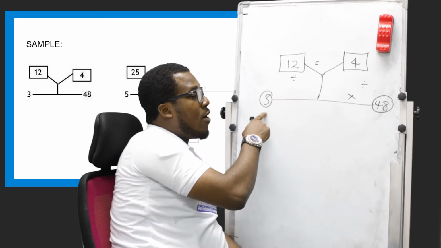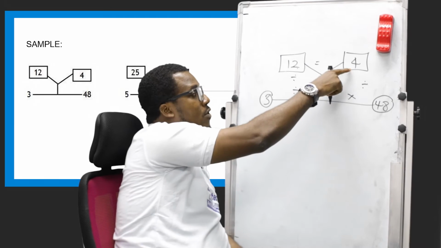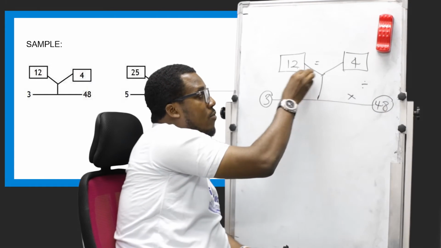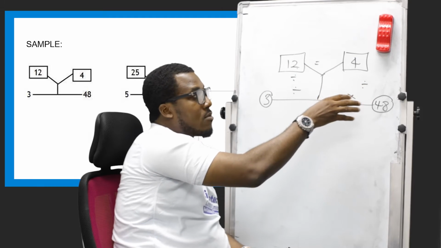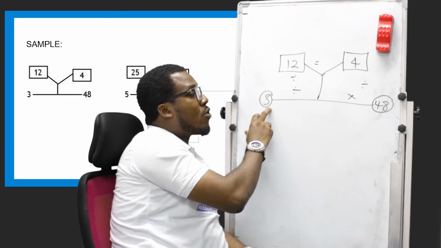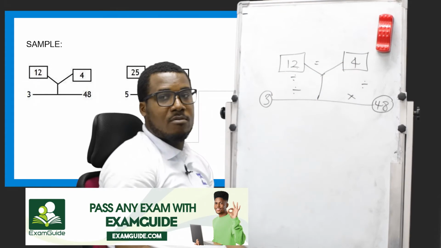In the case of 12, 3 will divide 12 to give you 4. So this one here works with division for both of them to get either of the answers. This one works with division for this one to get this answer, multiplication for this one to get this answer.